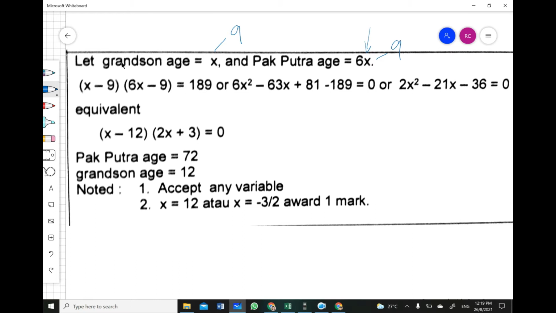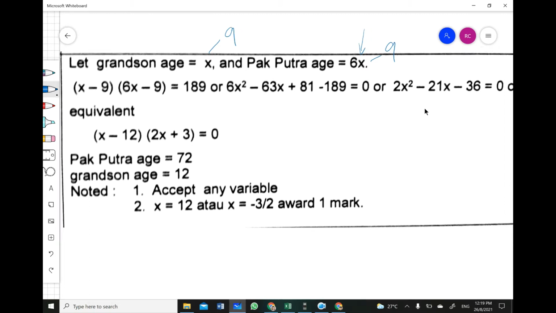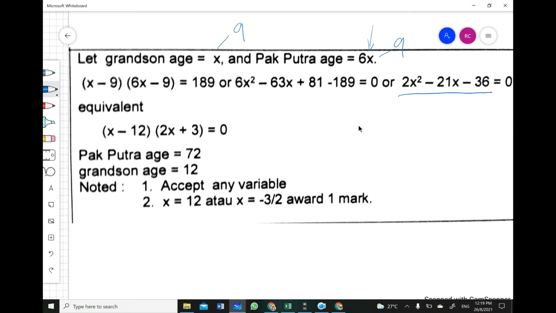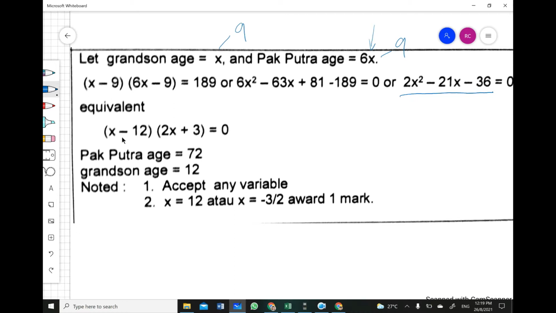So you solve this, expand everything. After you simplify it, you will get 2x squared minus 21x minus 36. After that, you factorize it. So when you factorize, we are going to get x minus 12, 2x plus 3 equal to 0.